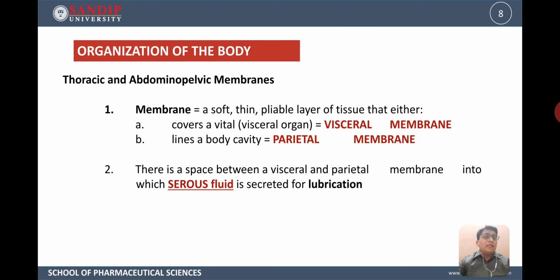Whenever it covers the visceral organs, meaning vital organs, the membrane is known as a visceral membrane. When it lines the body cavity, it is known as a parietal membrane. I repeat, a membrane is a soft and thin bilayer.